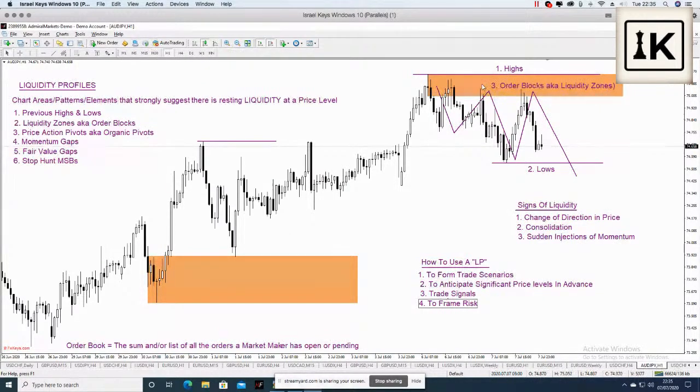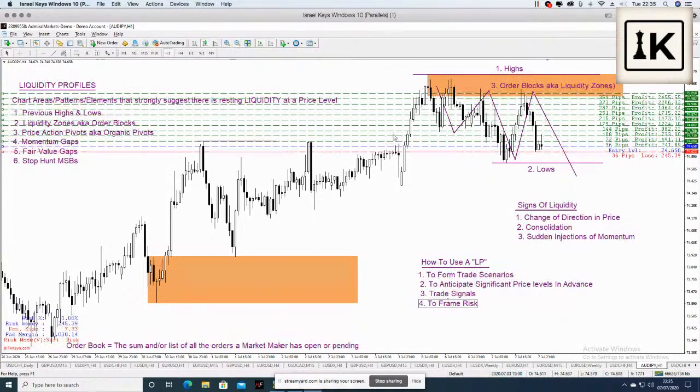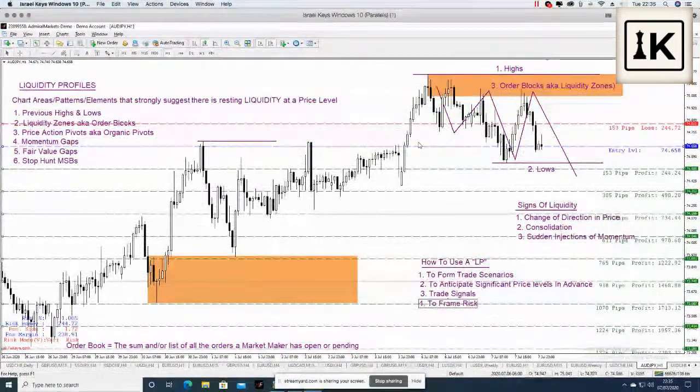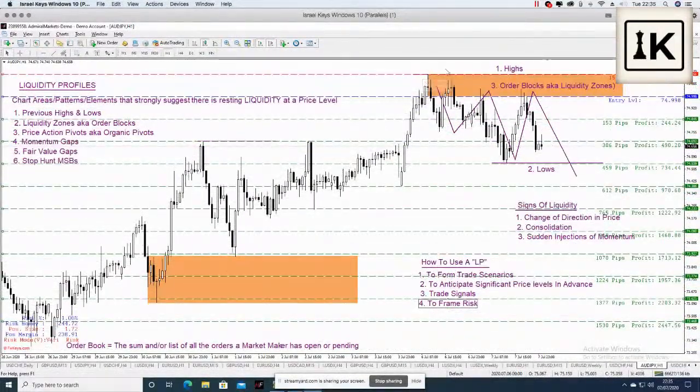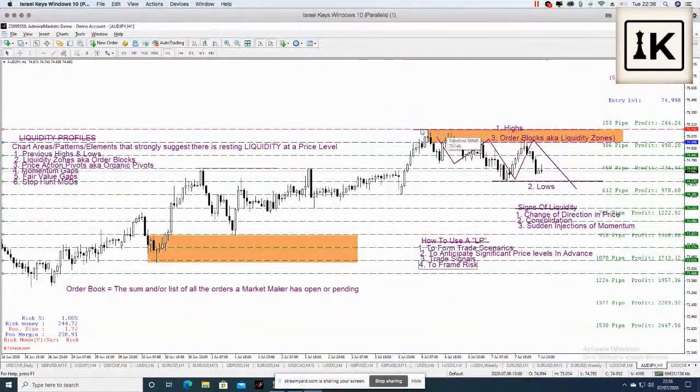In essence, if price leaves here, I am believing it was this order block that caused the reaction. Therefore, if price goes back and passes that order block, the reason for me taking the trade is now over. I believed it was this order block that drove the reversal. If price blows through the order block, there's no point taking any further losses, right? I'm just going to get out there.